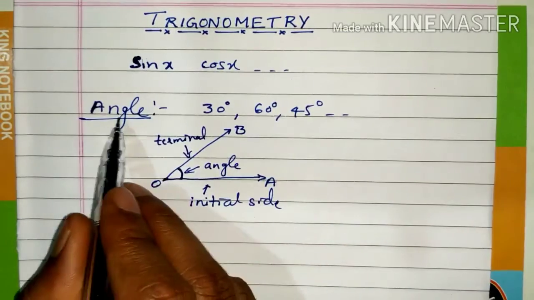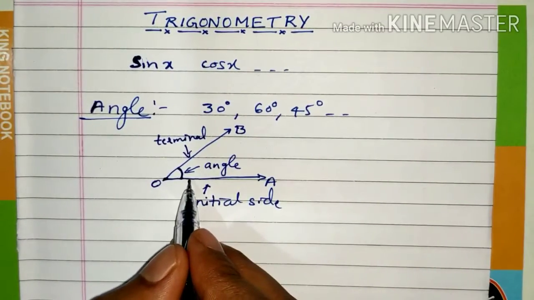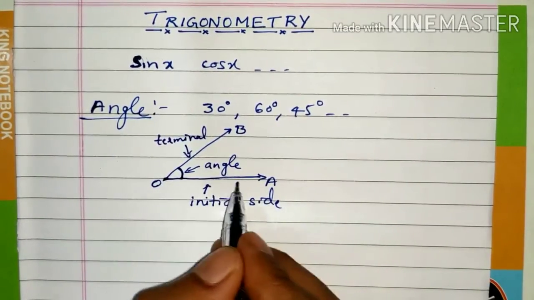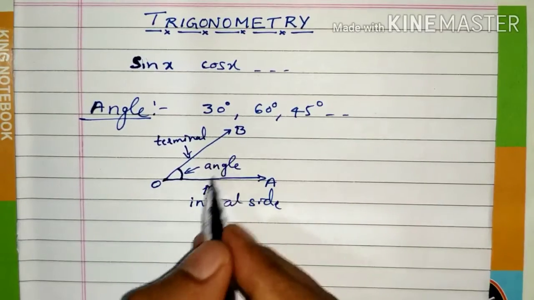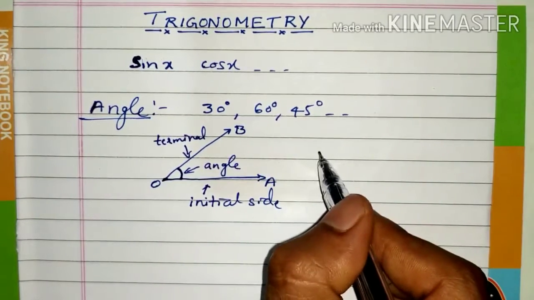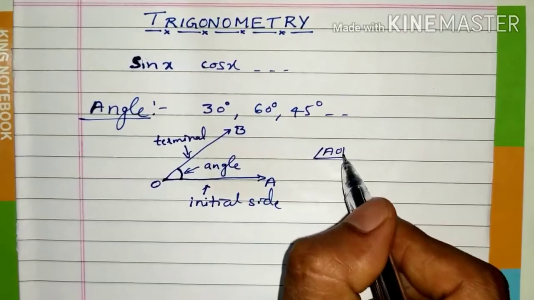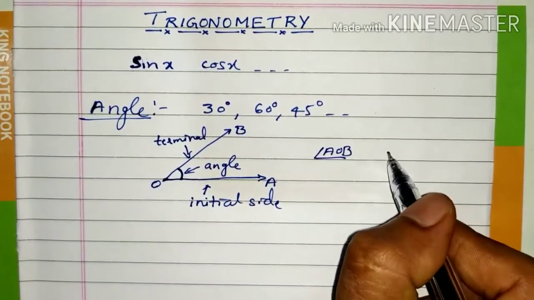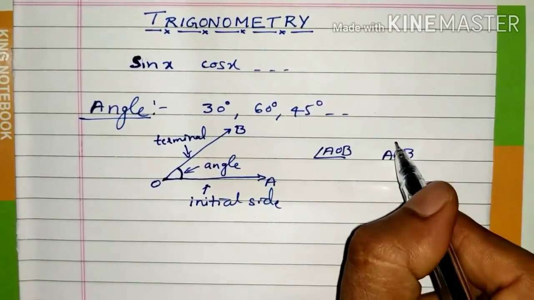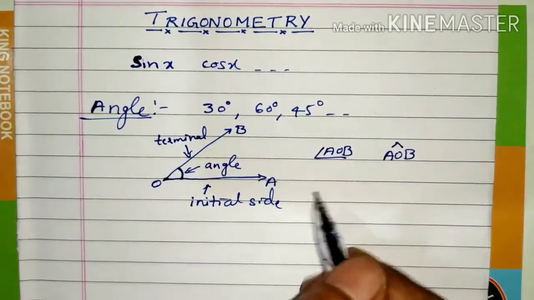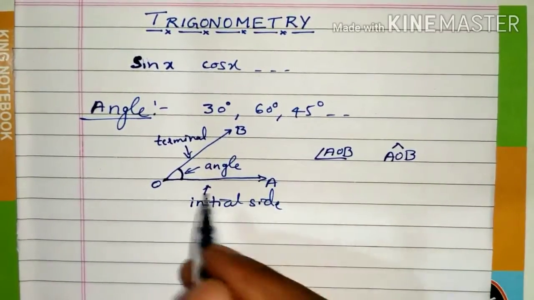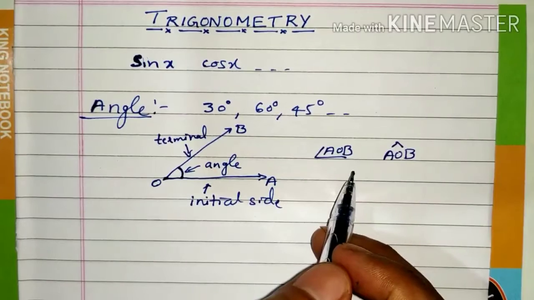So this is the actual definition of angle. Angles are denoted by angle AOB like this, or AOB like this. These are the two notations to represent an angle.